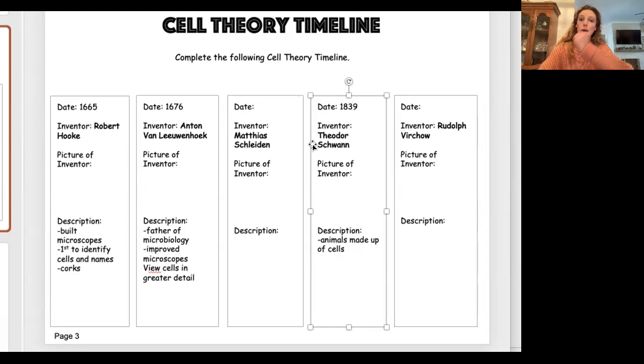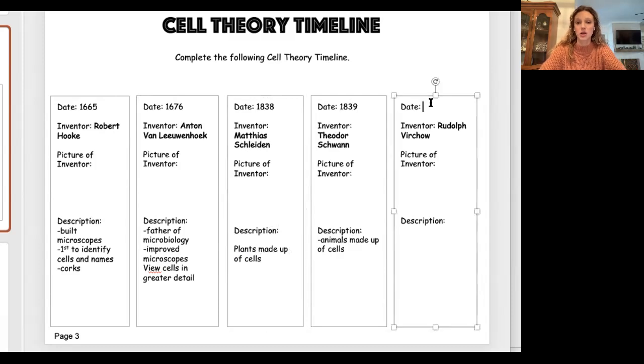Now we're going to backtrack to Schleiden. So we know Schwann sounds like swan, so he's animal. So Schleiden has to be the plants. He was 1838. So they were like right back to back. Plants made up of cells.